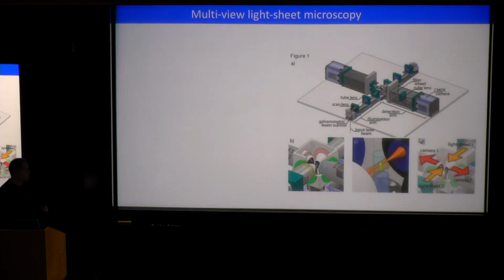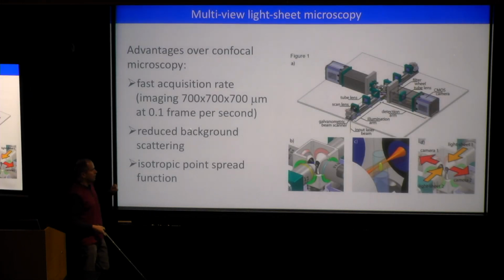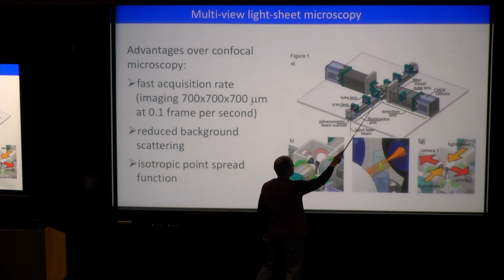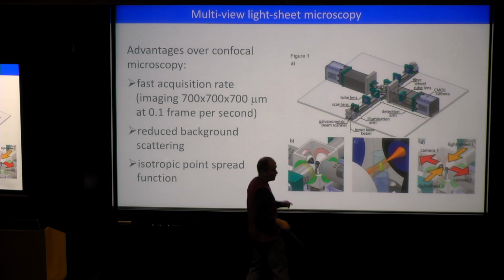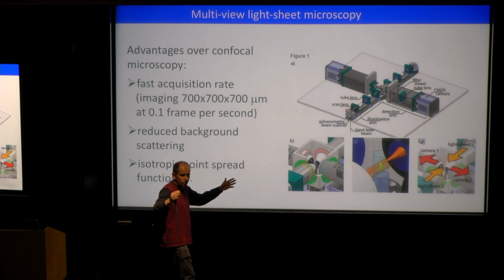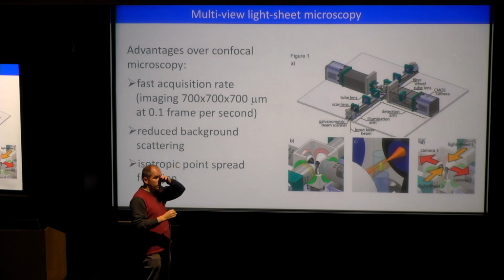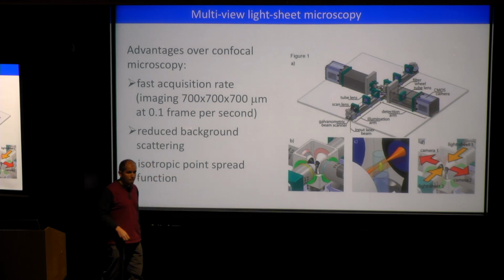Okay, what I should say is we do multi-arm imaging. So we have 2 light sheets, right? And you have 2 imaging arms, and that really increases your resolution, where you can do 1 by 1 by 1 micron imaging with a temporal resolution of 10 seconds, where your spatial resolution is sub-micron, right?